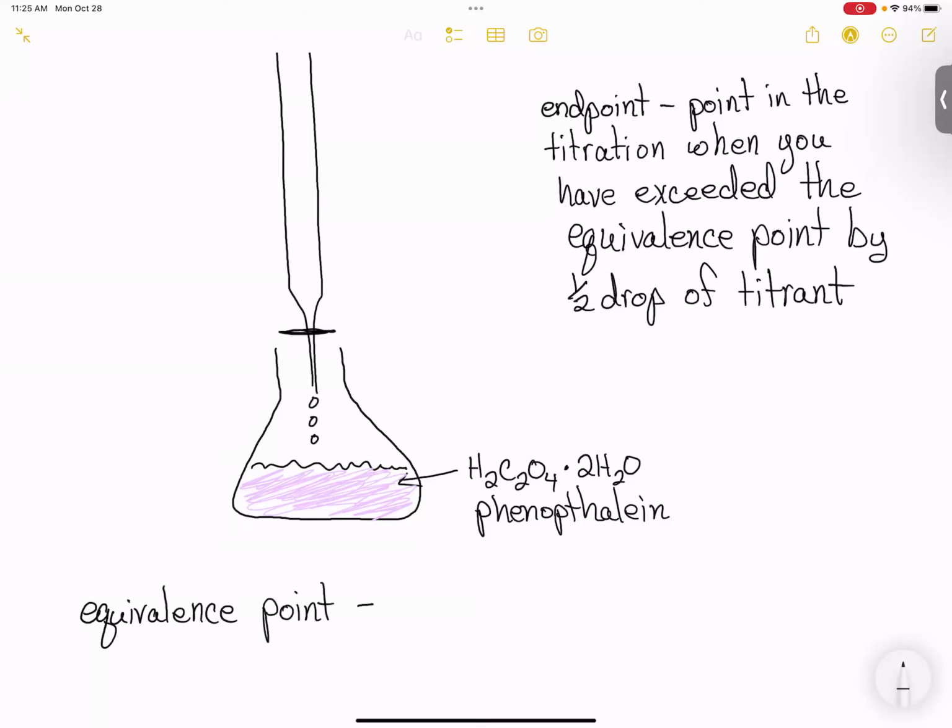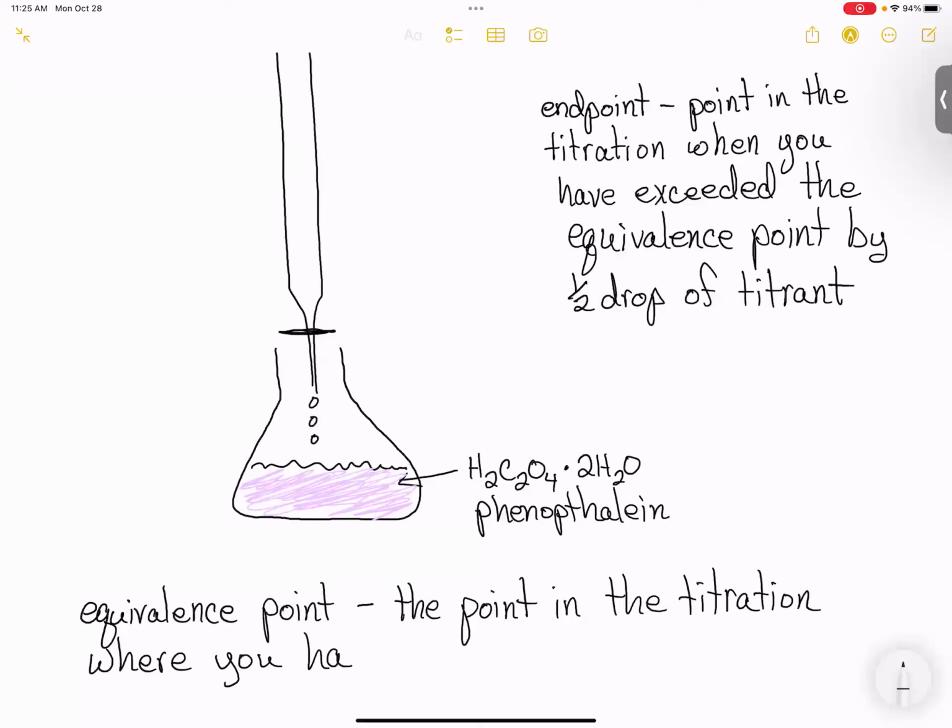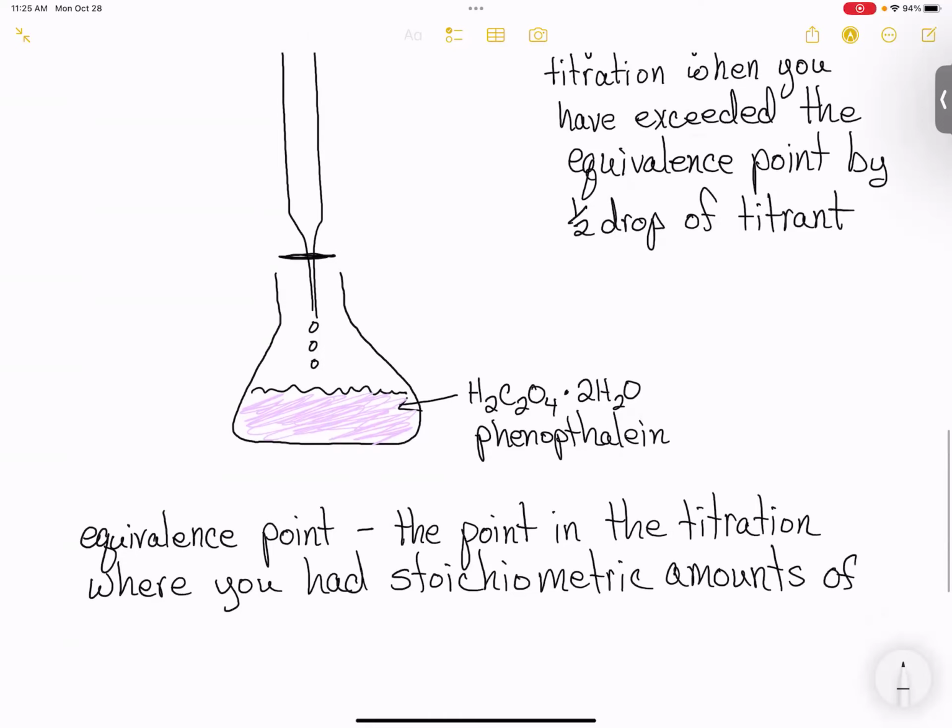The equivalence point is the point in the titration where you had stoichiometric amounts of acid and base.